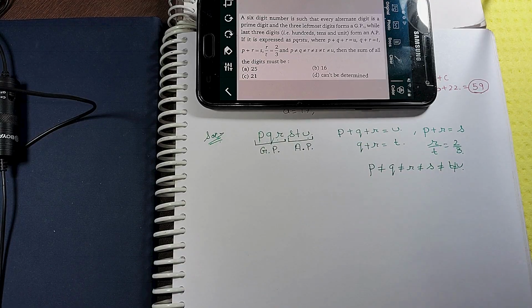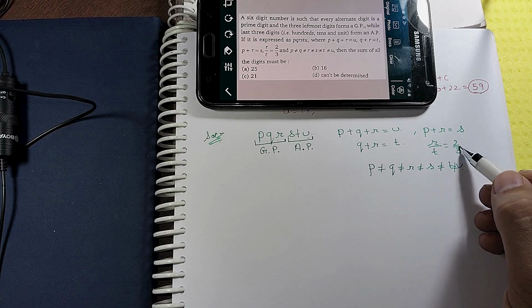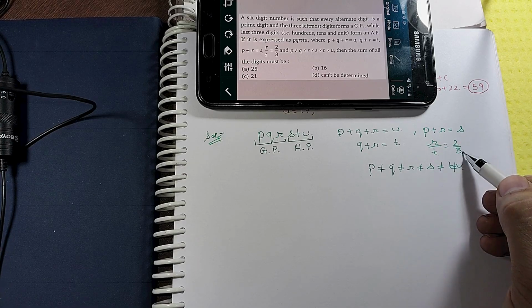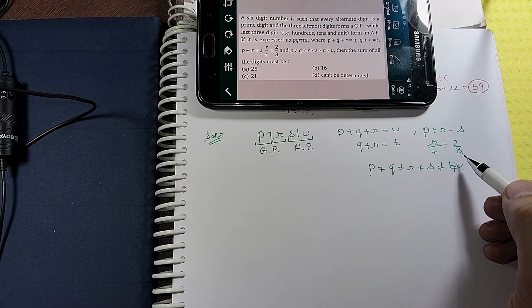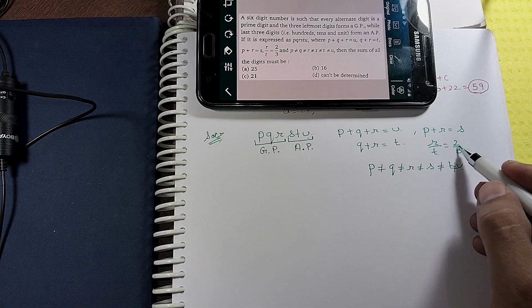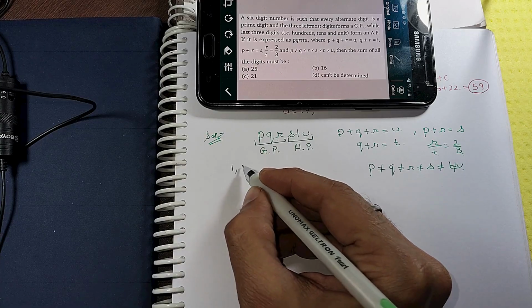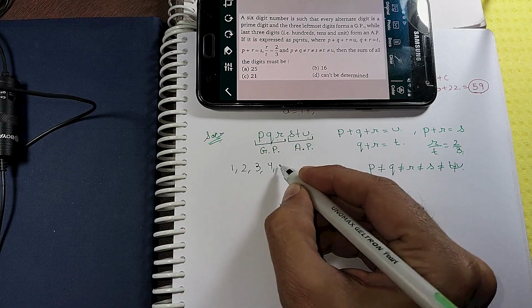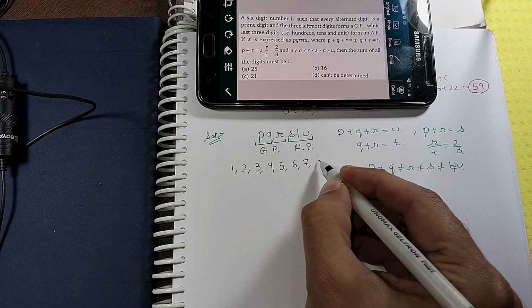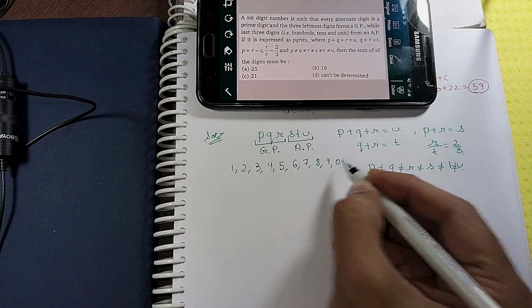Now R by T is equal to 2 by 3, so that means the R by T ratio is 2 by 3. Now the possible digits I can have are 1, 2, 3, 4, 5, 6, 7, 8, 9 and 0.